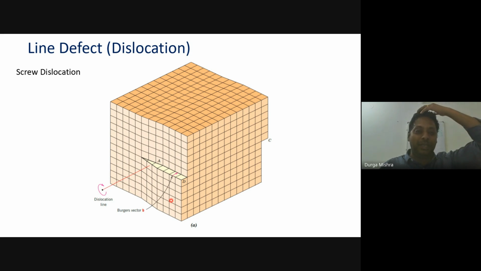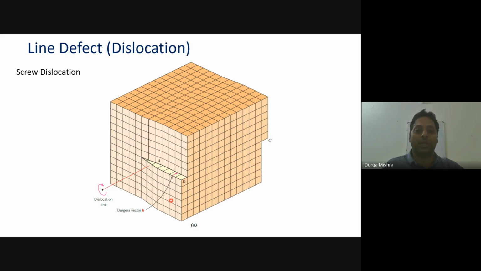This dislocation is sometimes useful, but necessarily it is not a good thing to have, because it degrades the mechanical properties of the material, particularly the strength, meaning how much it can resist deformation.